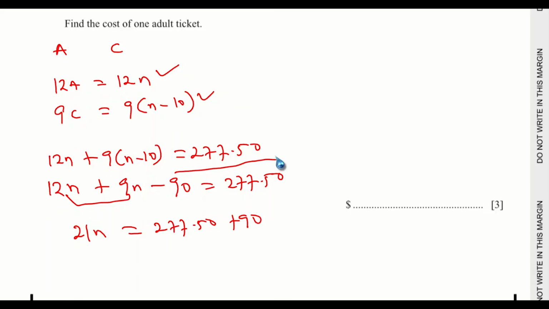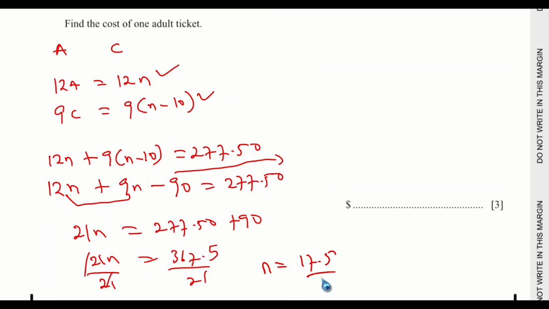So this gives you 21n equals 367.5. If you divide both sides by 21, you have the value of n equal to 17.5. So the cost of one adult ticket is $17.50.